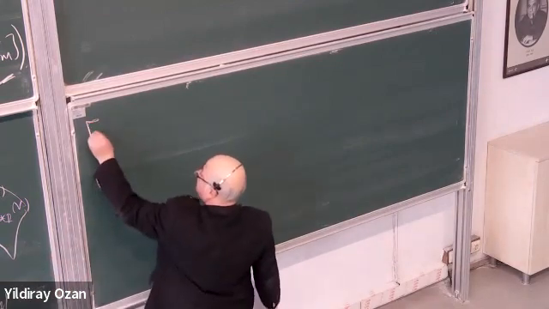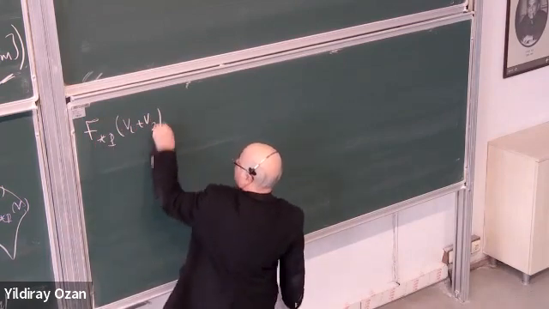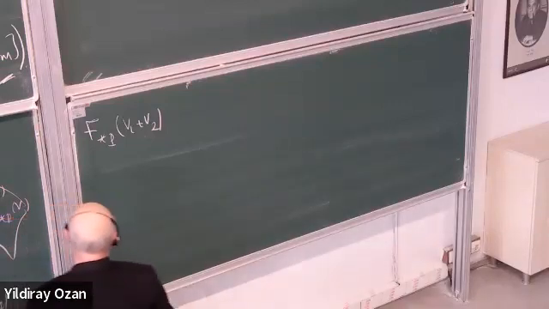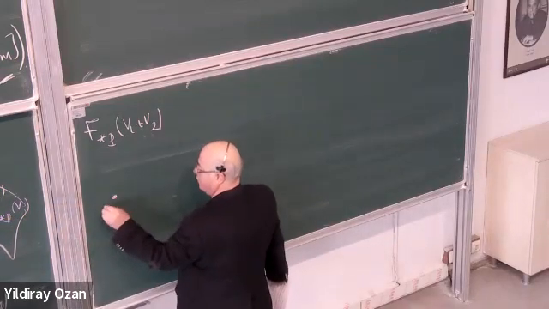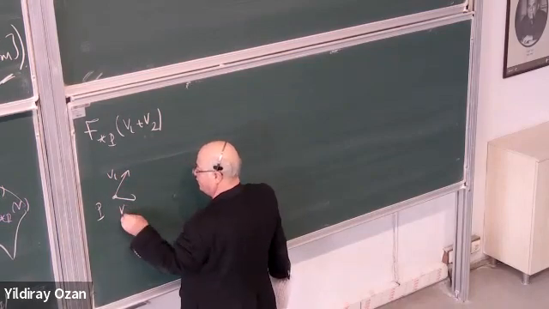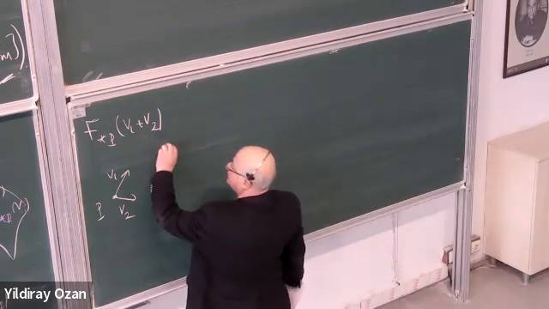So what is F star at P of V1 plus V2? These are two tangent vectors at this point. At the point P, I have two tangent vectors, V1 and V2. I would like to compute this derivative.